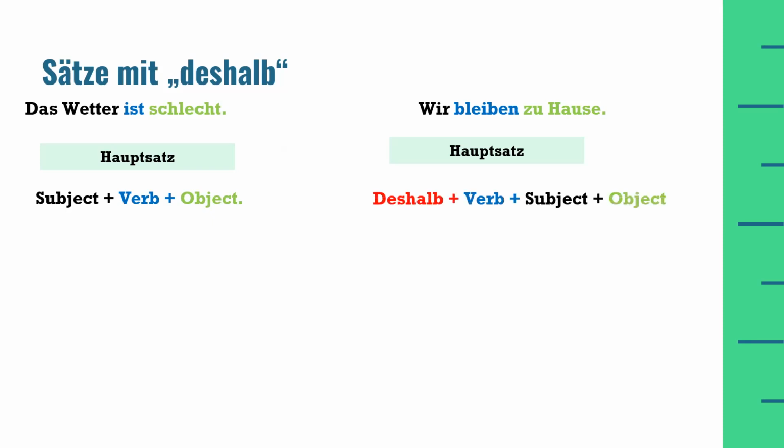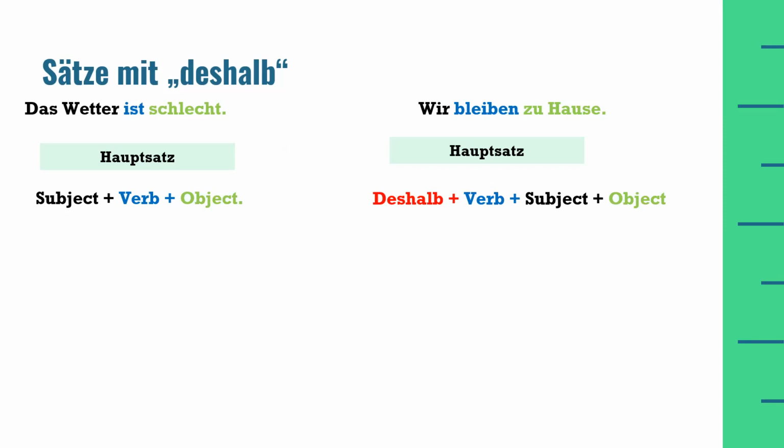The second Hauptsatz will start with deshalb. Soon after deshalb, we have to use the verb. After that, we will use the subject of the sentence, and the last position is for the object of the sentence.